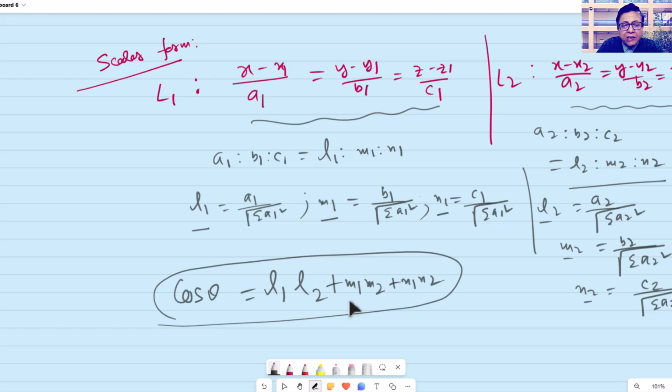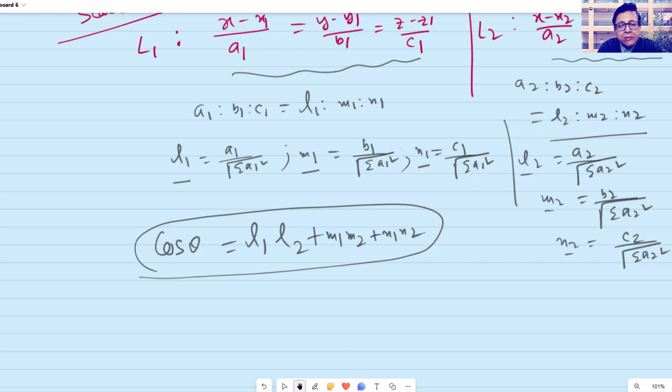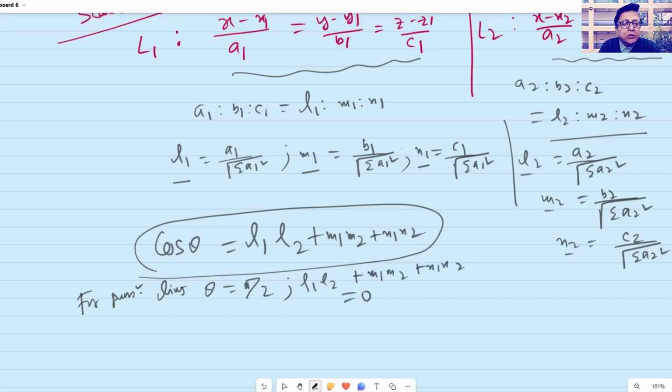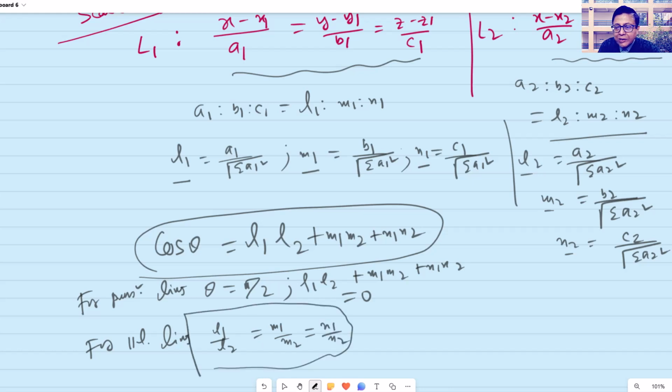And if the lines are perpendicular, then theta will be pi by 2 and l1 l2 plus m1 m2 plus n1 n2 must be equal to 0. For parallel lines, l1 by l2 will be m1 by m2, that is n1 by n2. Okay, this you know.